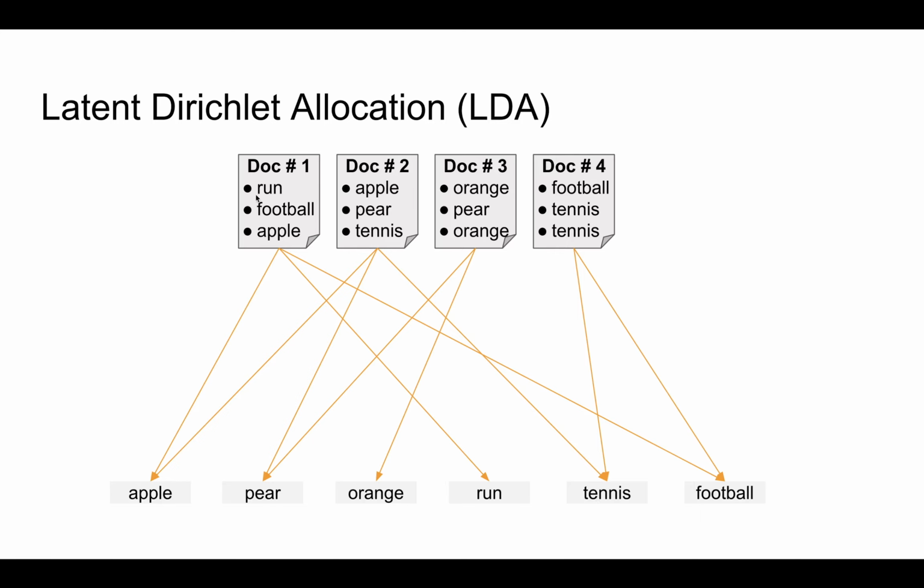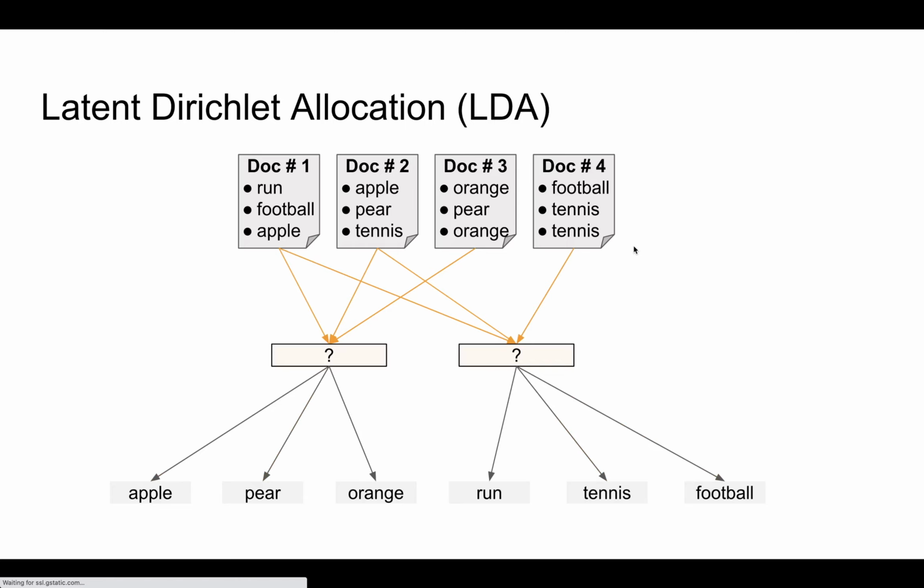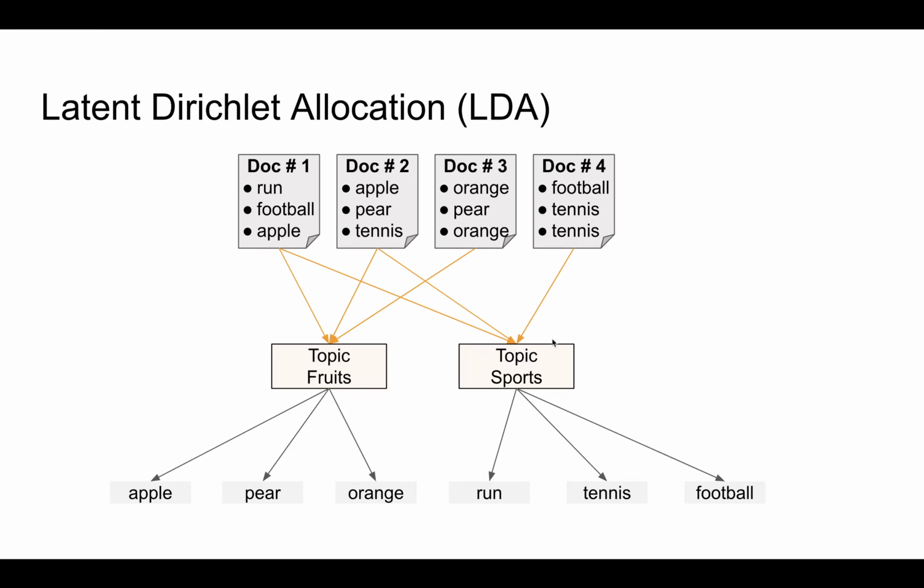So let's say this first document has run, football, apple, and so on for the other documents. So what LDA does is it helps us find the topics to which each of these documents belong. So maybe fruits is one topic that it is able to find, and sports is another topic it is able to find.